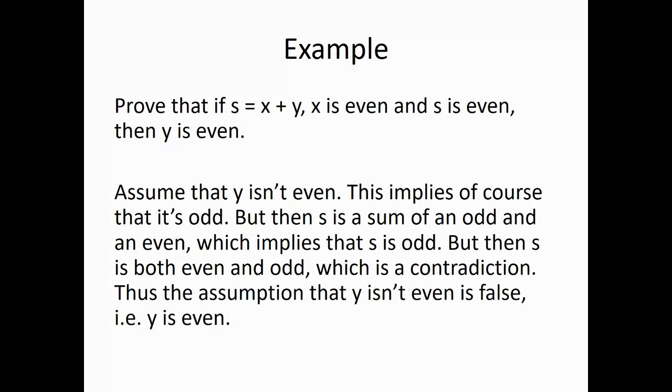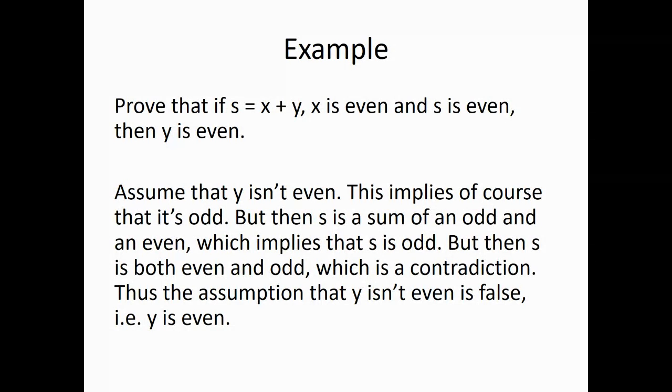Inside the scope of this indirect proof Y is odd, but we're told in the given that X is even, and S is the sum of X and Y. So S is now the sum of an odd and an even, which means, of course, that it itself is odd. Just a basic number fact: the sum of an odd and an even is odd.